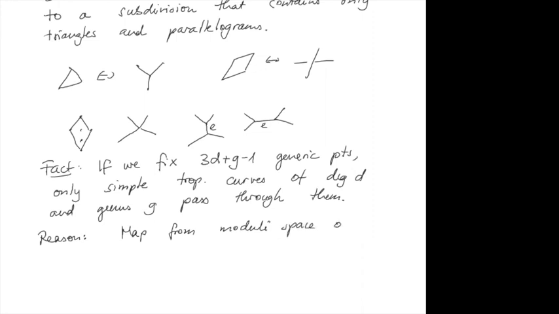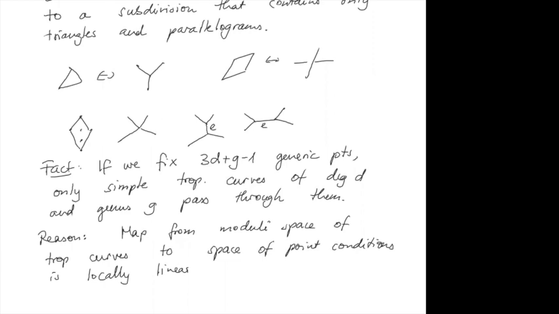It is a map from the moduli space of tropical curves to the space of point conditions, and you can show that this is locally a linear map, and non-simple tropical curves are of lower dimension in the moduli space.